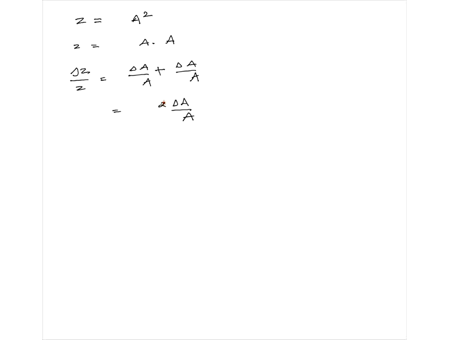Again, this should remind you of differentiation. For example, if you differentiate this, in place of dz by dt, I am writing just delta z, twice A delta A, dividing both sides by z, right side writing z as A square, and that's done.